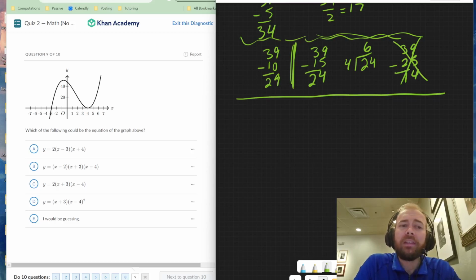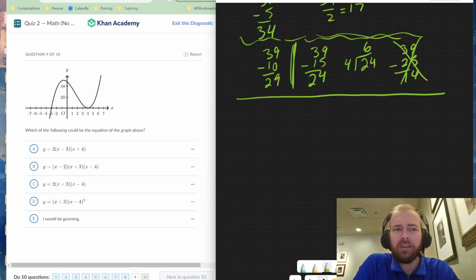But the other thing that's happening is that it's crossing the x-axis at -3 and at 4. So if we plug in -3 for x, we should get 0 for y. That does not happen with choice A. If you plug in -3, it's -3 minus 3 for choice A, and that wouldn't give you 0.